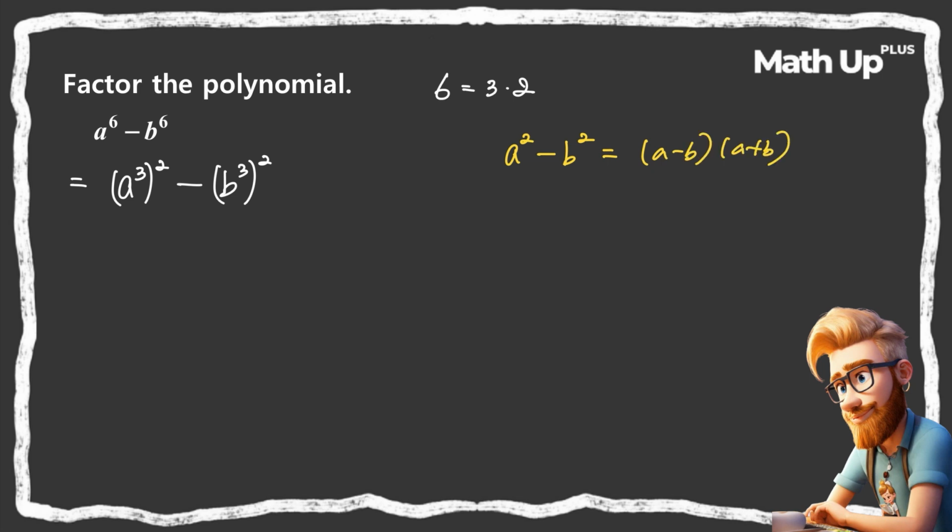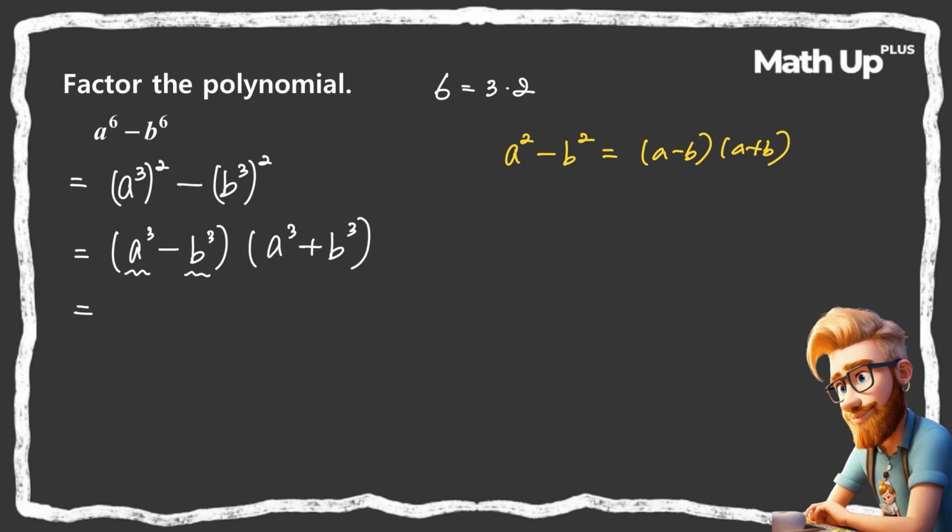This is equal to a cubed minus b cubed, a cubed plus b cubed, right? And if we have cube minus cube, cube plus cube, those expressions can be factored using this formula, right?